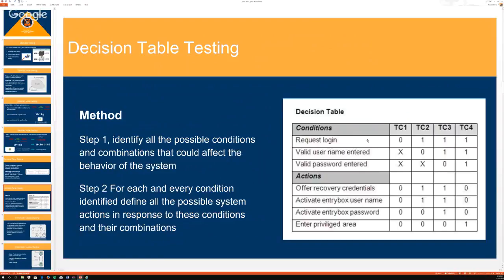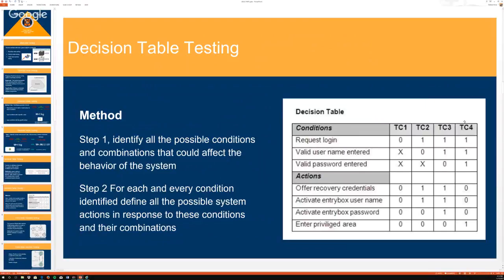For example, if someone requests a login, it's true. We have one in TC4, and that person puts a valid username, then we have one, and then the password is valid. So we have three ones that complete the rule for the specific action, which is entering the system.